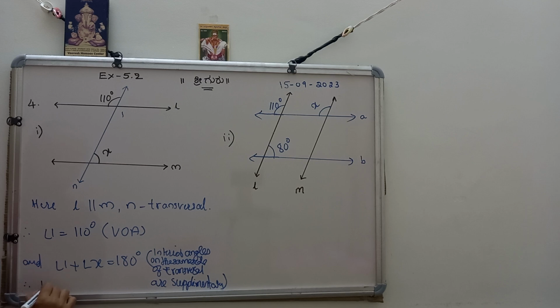Therefore, angle x is equal to 180 minus 110. This is equal to 70 degrees.